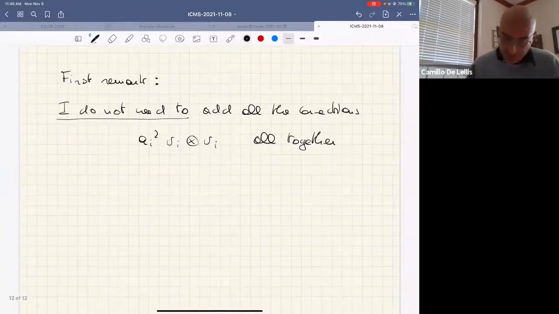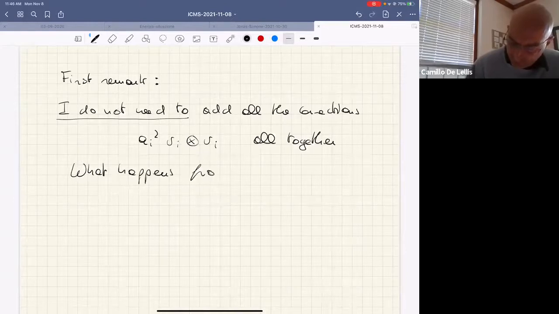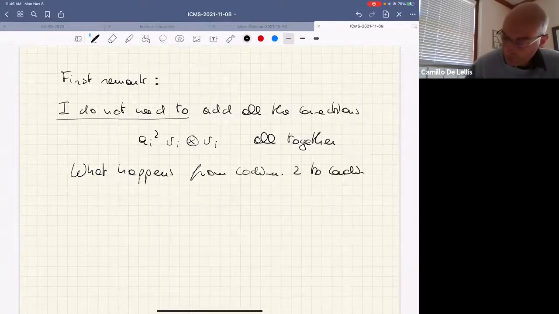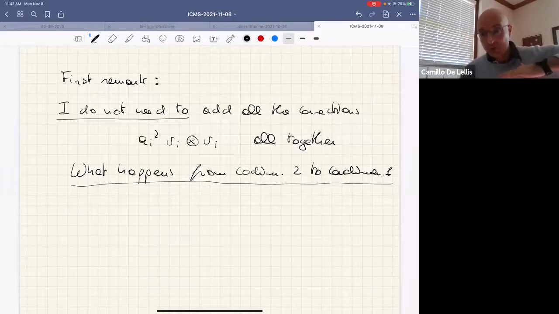Okay. Now, what happens when I want to pass from codimension 2 to codimension 1? Well, I will not be able to oscillate anymore in a direction which is orthogonal to the derivative of u. So I will have to oscillate in a direction which is also parallel to u.